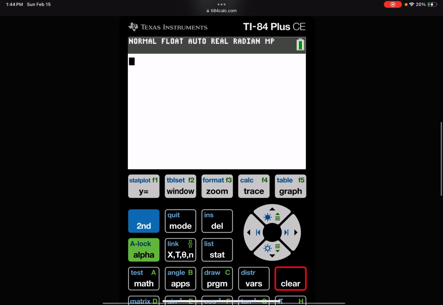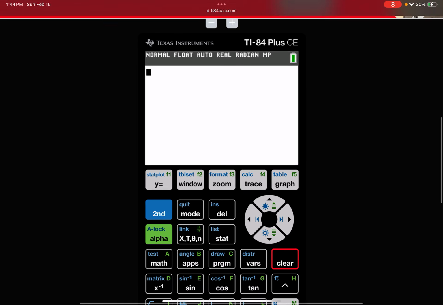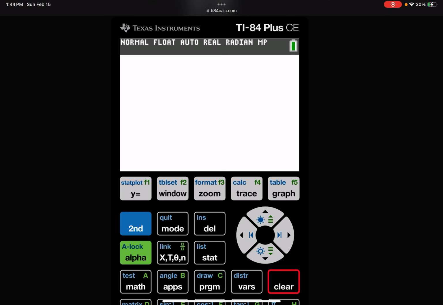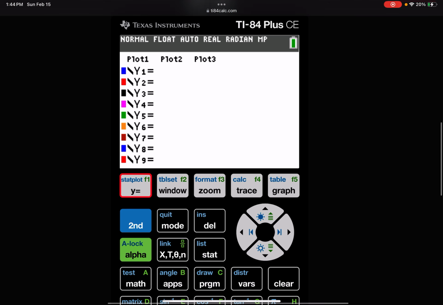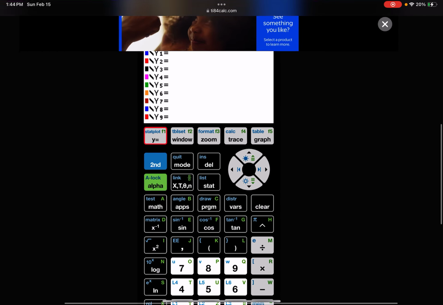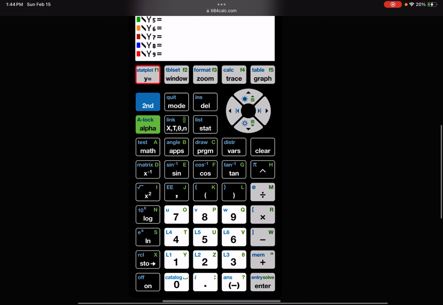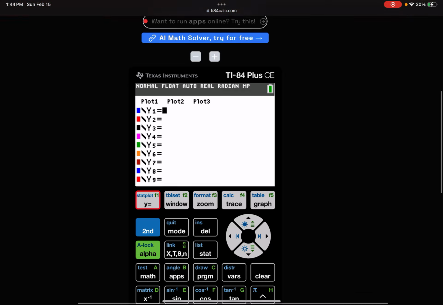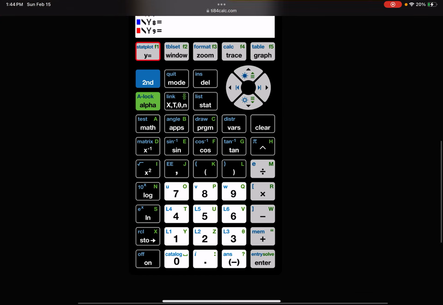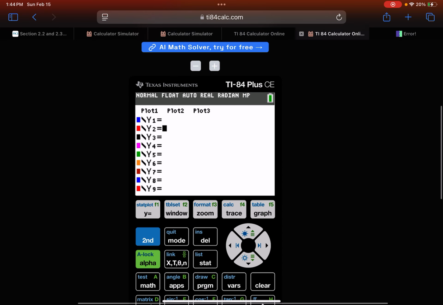Okay, so if you have this calculator, you will go to y equals first, and it was negative x squared, so I need to push this negative sign down here at the bottom.